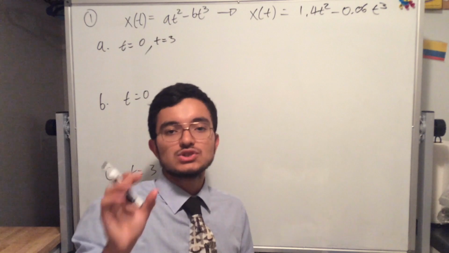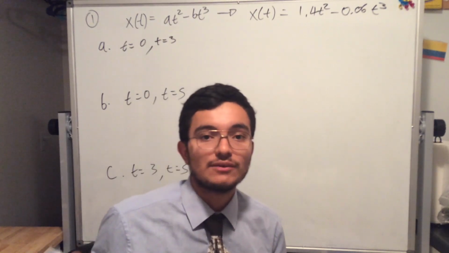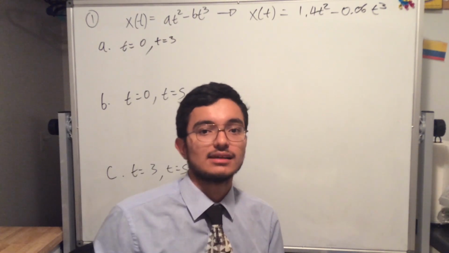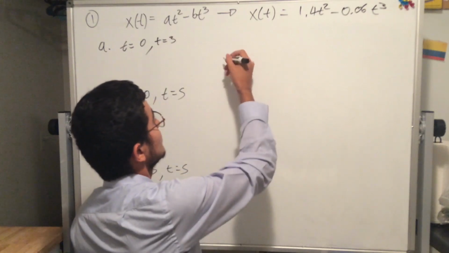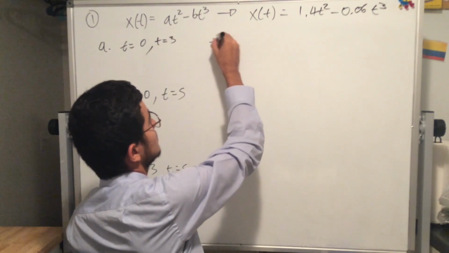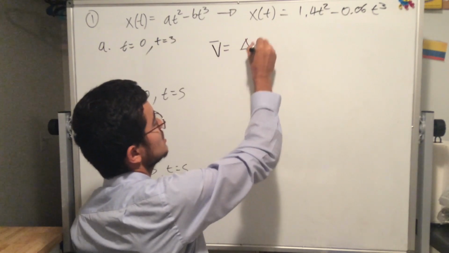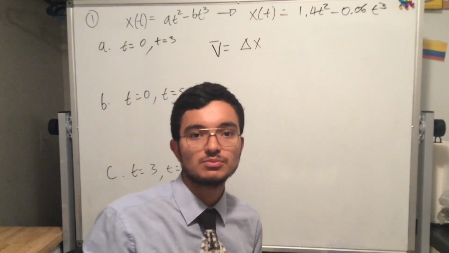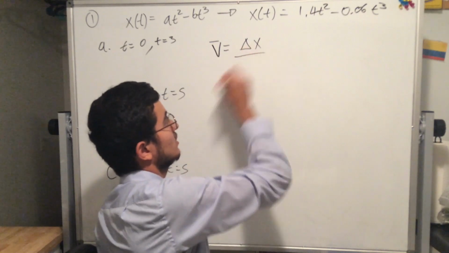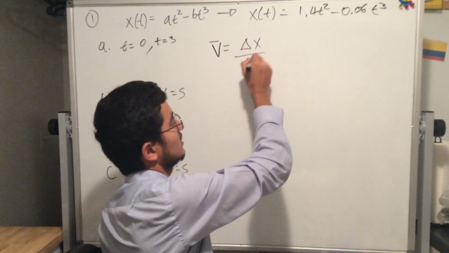Now there are 2 equations for average velocity that you have to know for the AP Physics C exam, and those are the following. So there's the average velocity, when you have a change in position, in other words displacement, divided by the change in time.